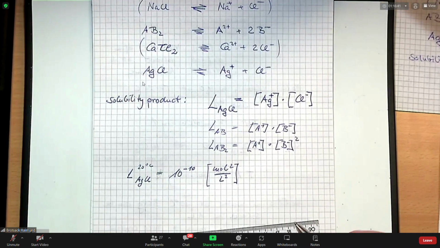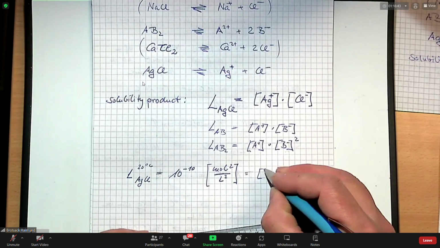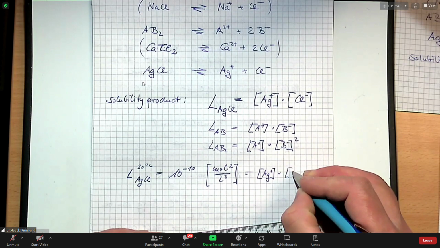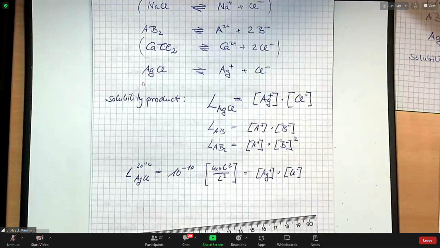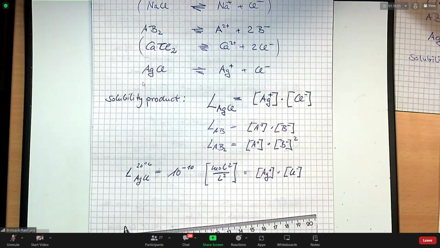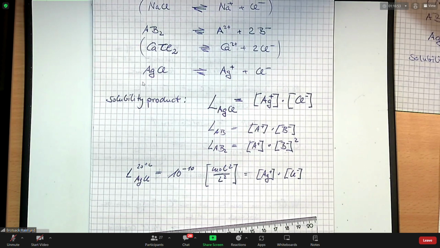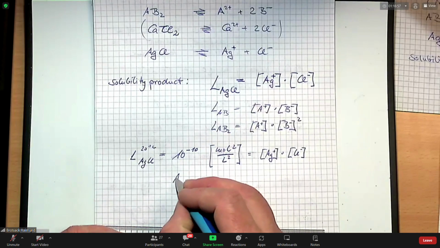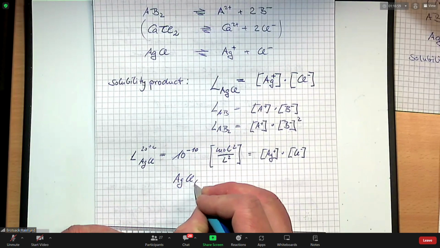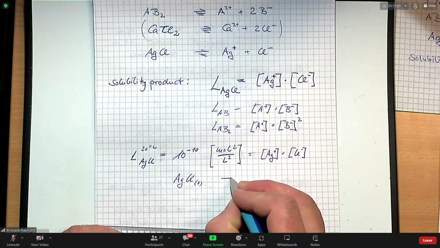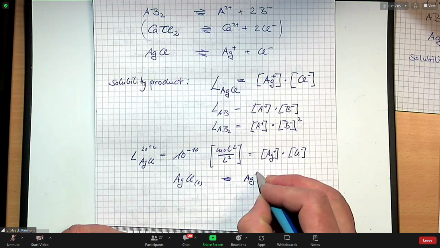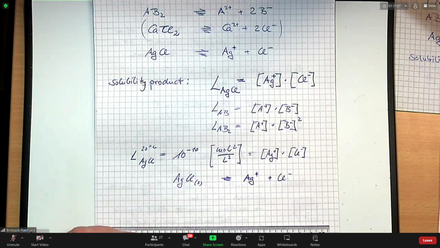And this is the concentration of silver plus ions times the concentration of chloride minus ions. Because we know the silver chloride is solid and we can solve partially to silver plus and Cl minus ions.